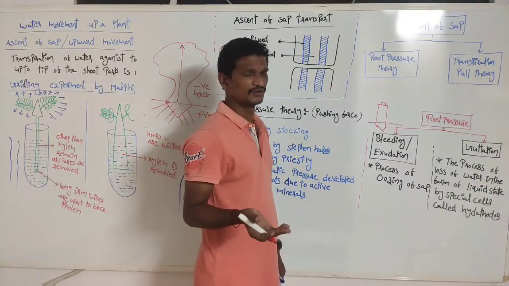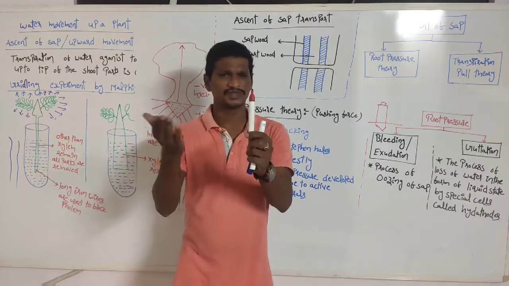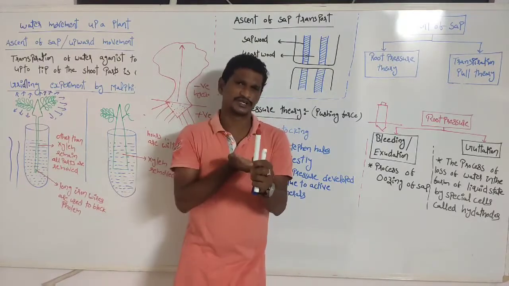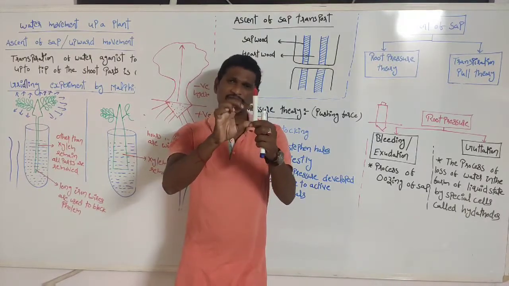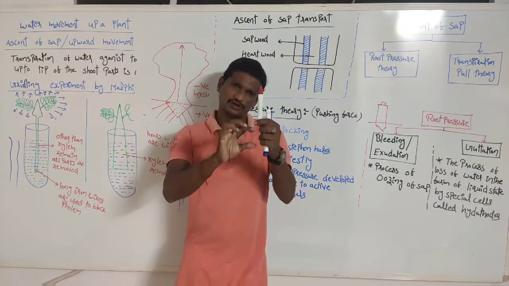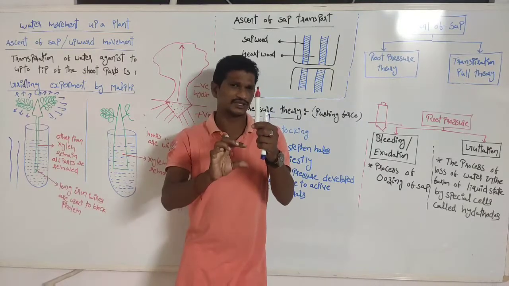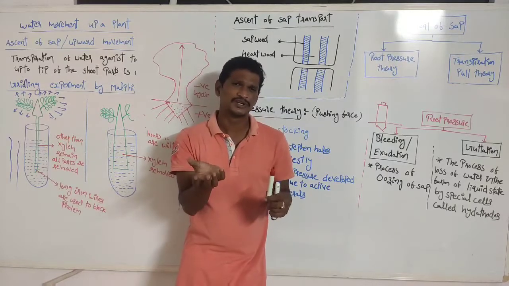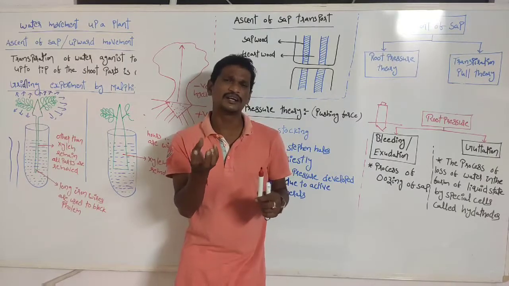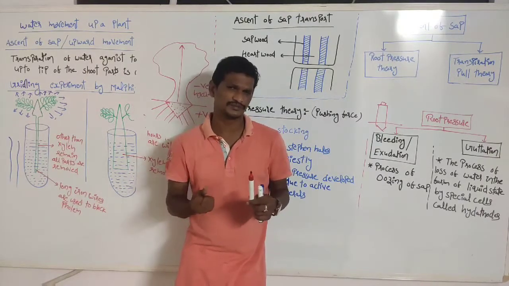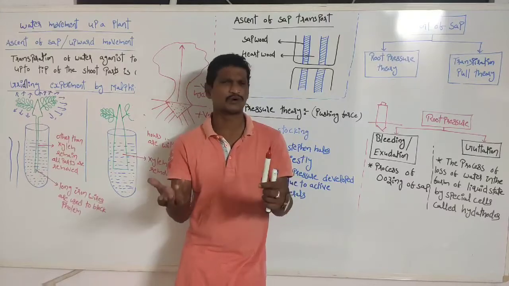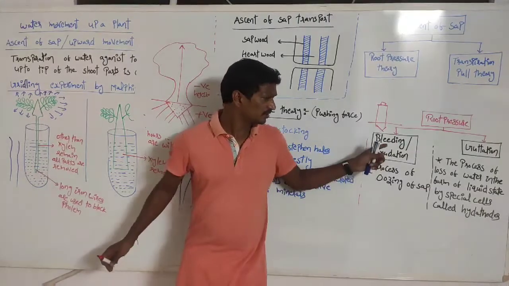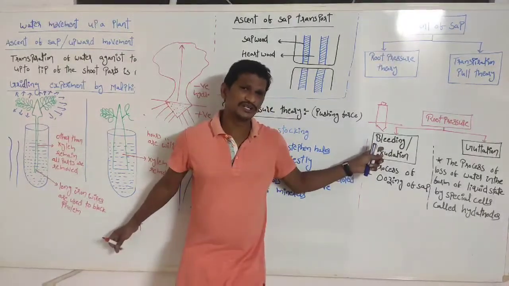The plant's shoot part is cut, and the remaining stem part is connected with the roots, and the roots are connected with the soil. After the cutting process, the stem releases a watery substance, which is water and minerals. So that process is called bleeding.